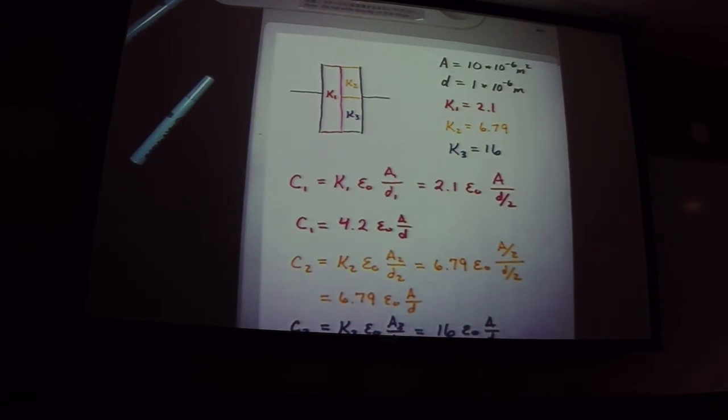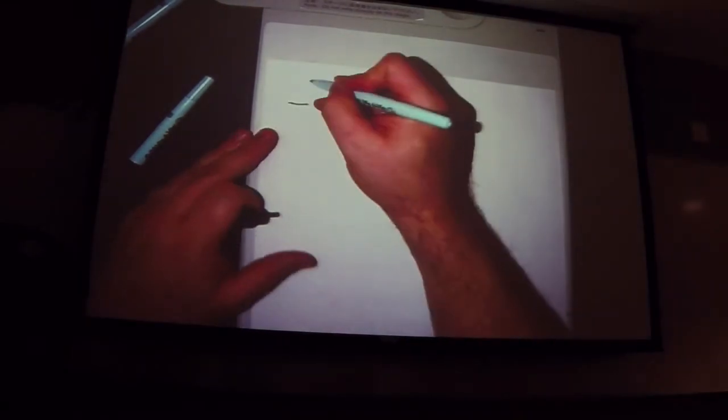Yes. K2 and K3 are, if you look up, they have 2 here and then 1 down. Yeah, you could do it this way if you wanted. You mean like this?